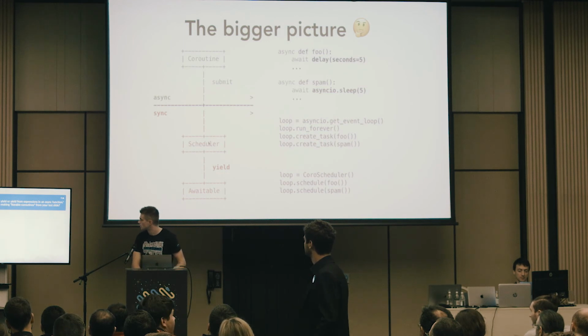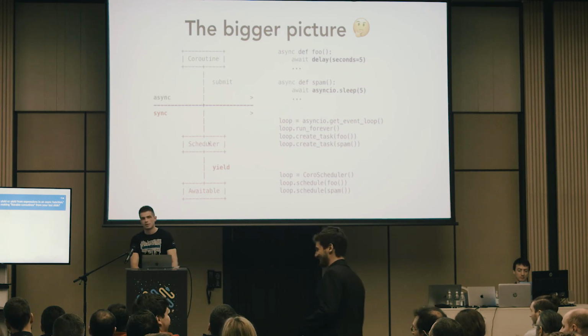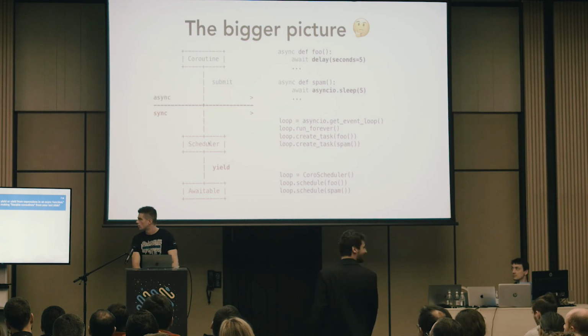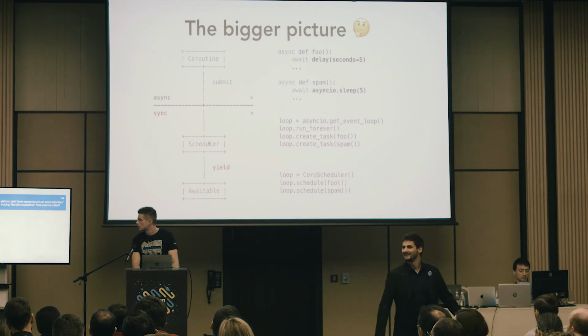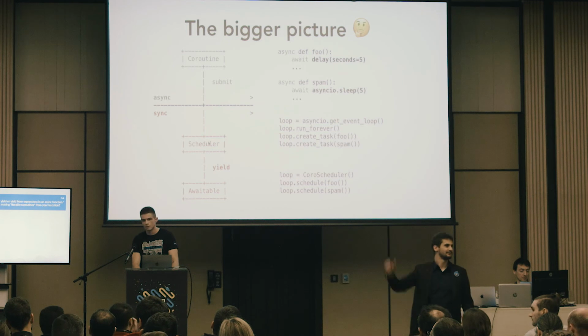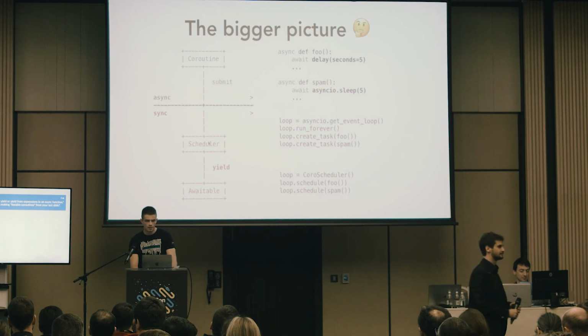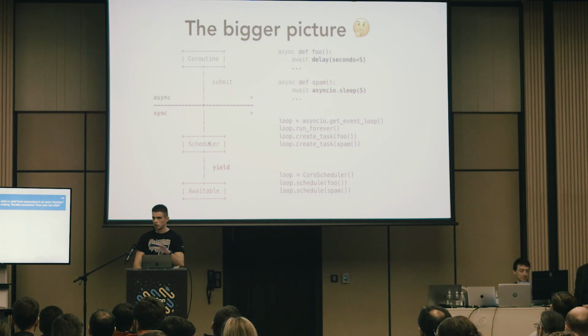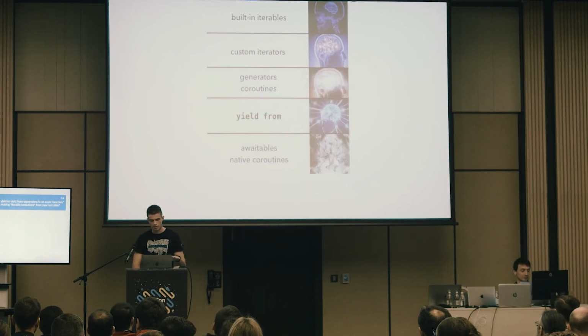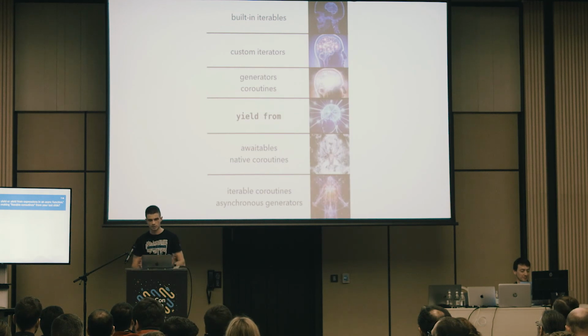I don't think they're called iterable coroutines. You have to look at the PEP, which expands the async and awaitables. I haven't looked at asynchronous generators or how they implement it, or at iterable coroutines. I just don't know.